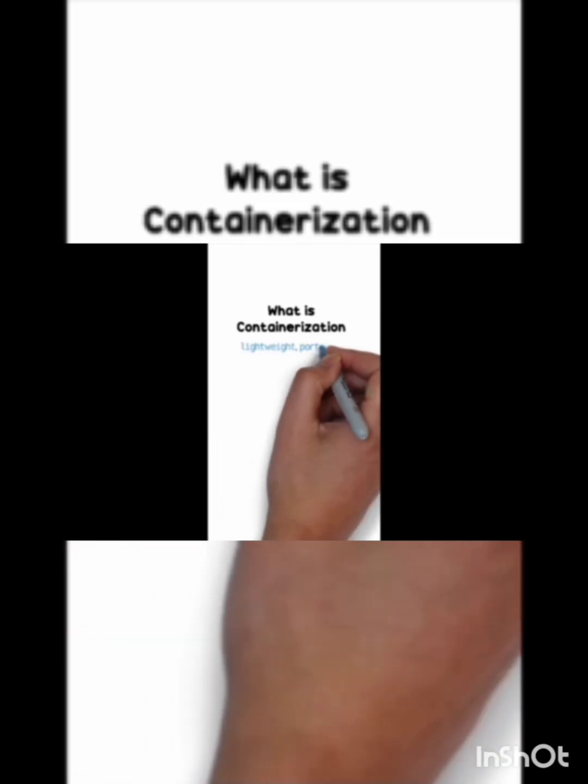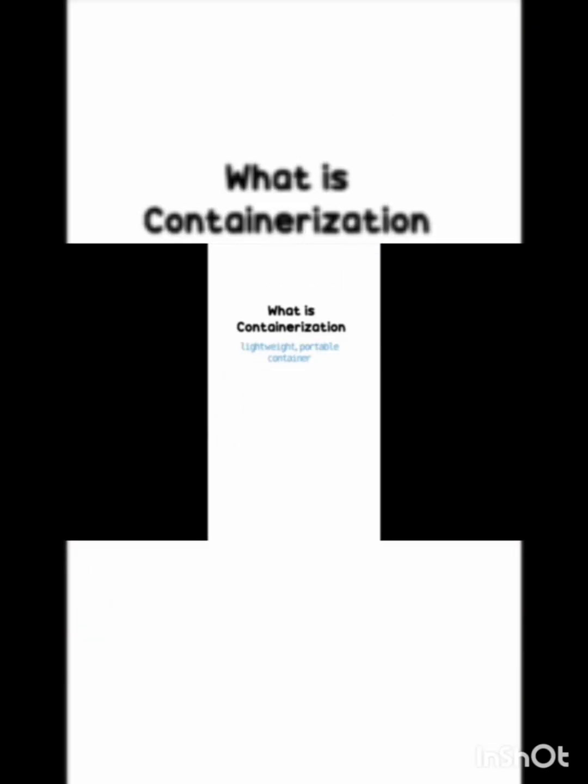So now we are going to look into what is containerization. Containerization is a method of packing and deploying applications in lightweight portable containers that include all of the necessary components such as code, libraries, and runtime for the application.